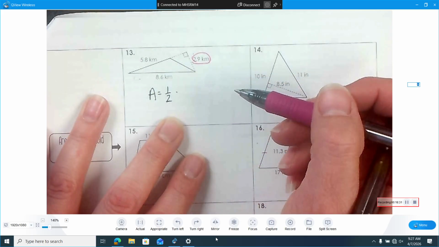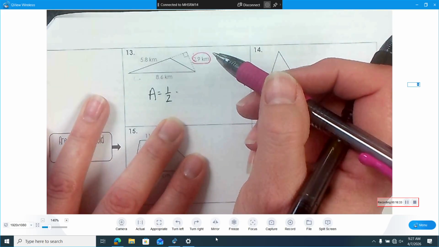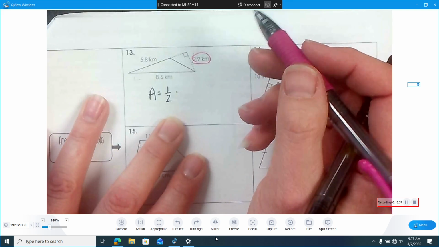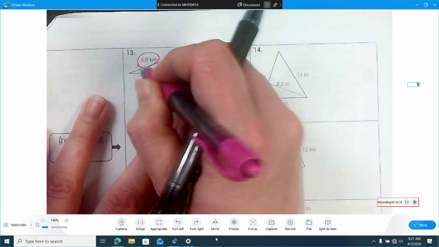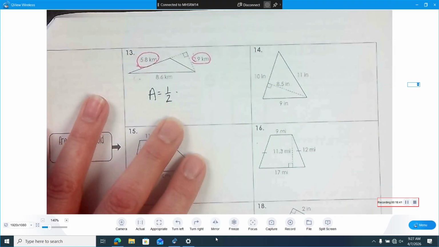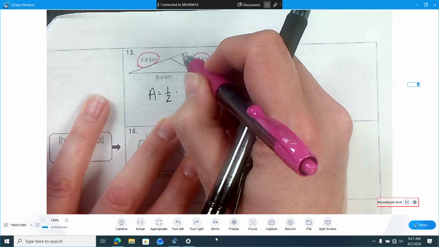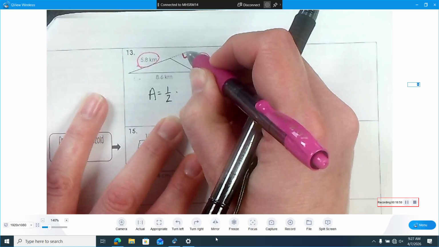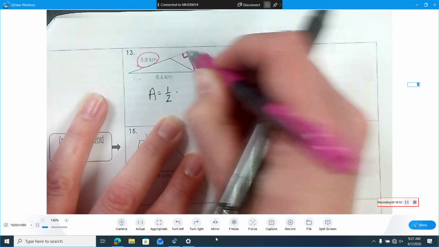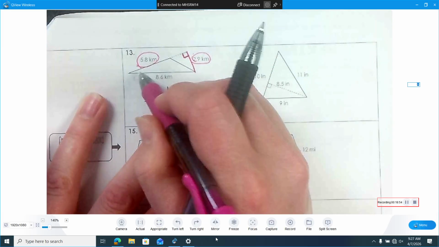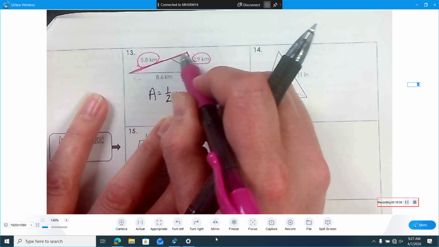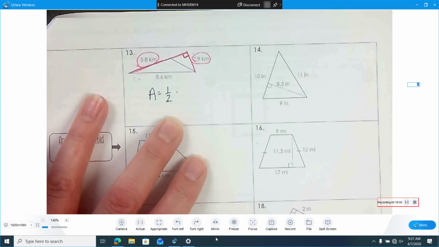What's the base? It's 5.8. Yeah. Why is it those two values? Yeah, because they're touching the right angle. So important. It doesn't matter if it's the base or the height, but they both get to that right angle. So those are the two pieces of information that we need there.